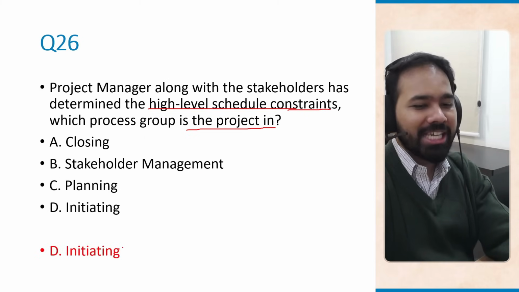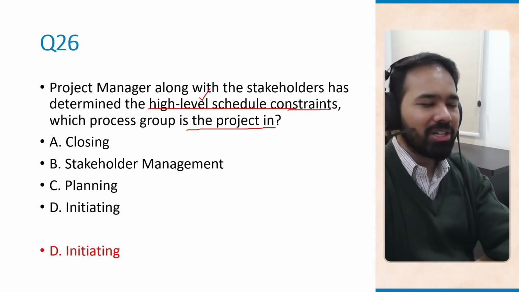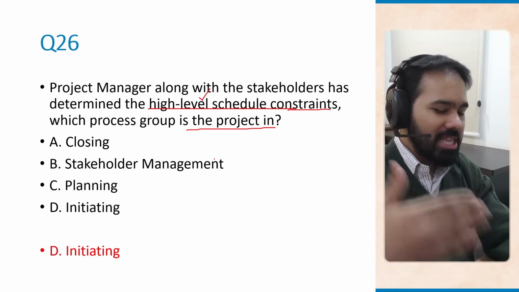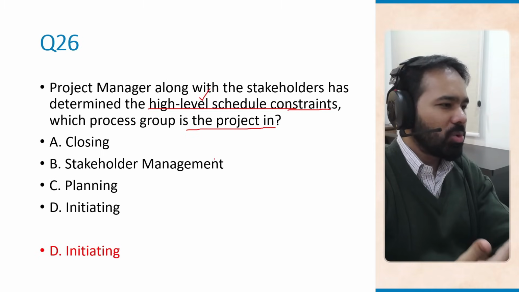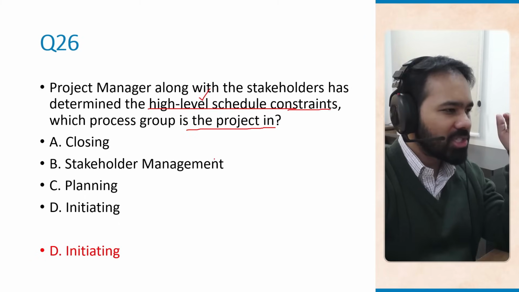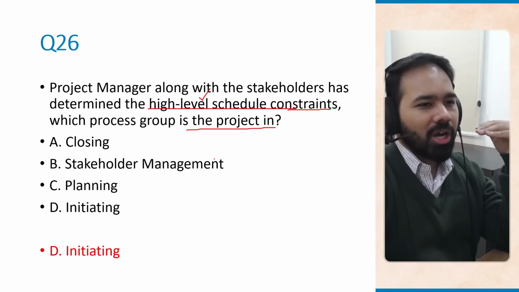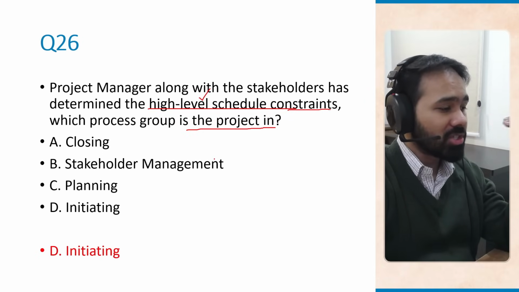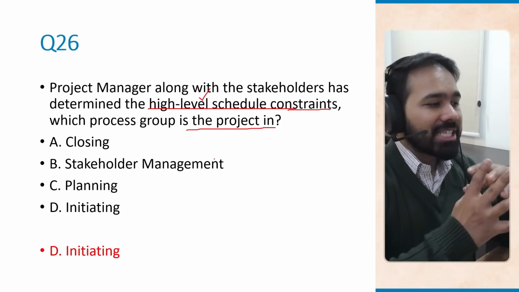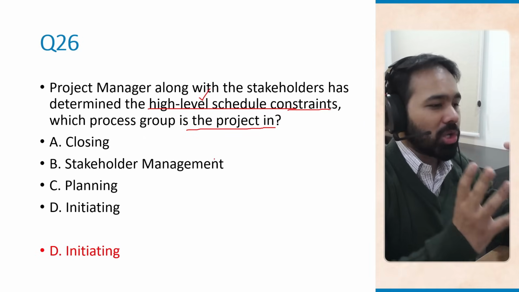The correct answer is initiating because we are looking at high level schedule constraints. In the initiating process group, the project manager and the stakeholders define what the high level scope of the project is going to be, what the high level schedule is going to be, what the high level schedule constraints and high level budget constraints could be, and all of this is done to create the project charter.